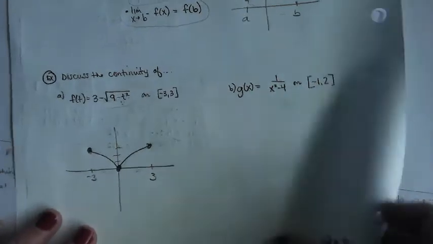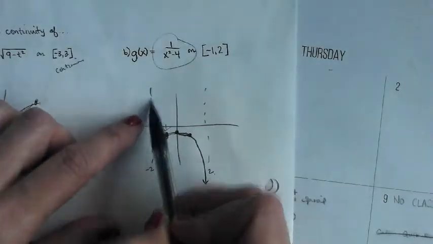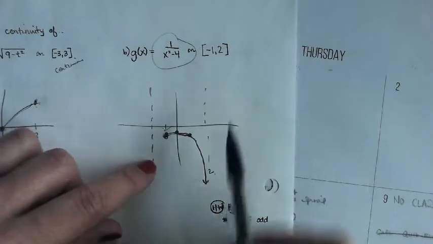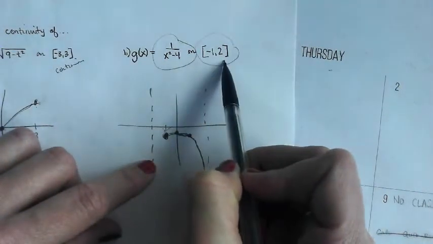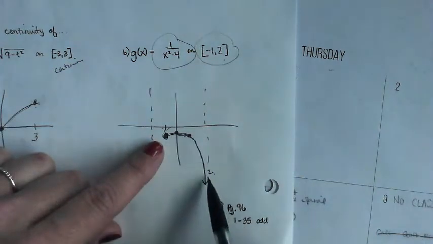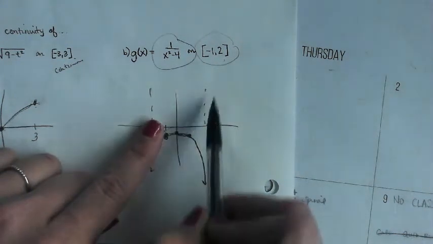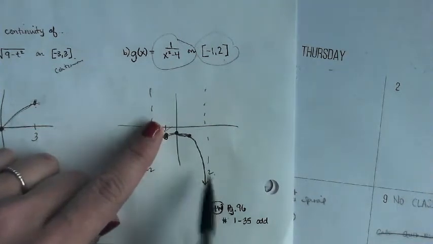In the last minute here, I'm going to show you B, which I've already done. This is interesting because knowing this graph, we know we have asymptotes at -2 and 2, but they only want us to look at the closed interval from -1 to 2. So is this continuous on the closed interval? Is it continuous everywhere in between -1 and 2? Yes.